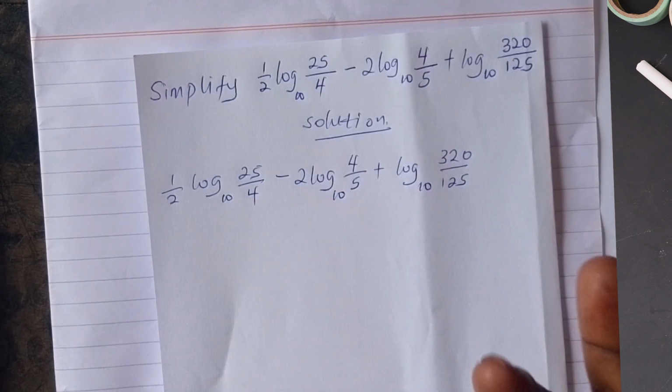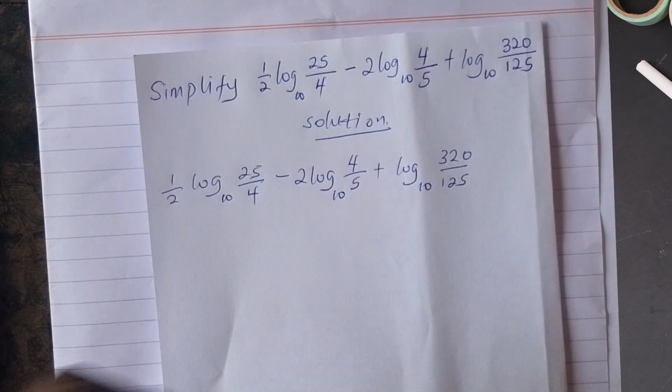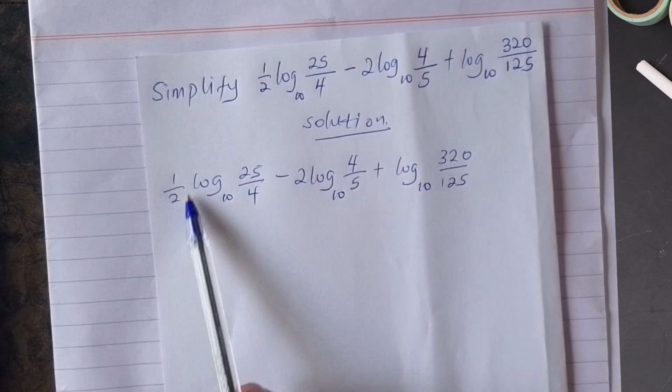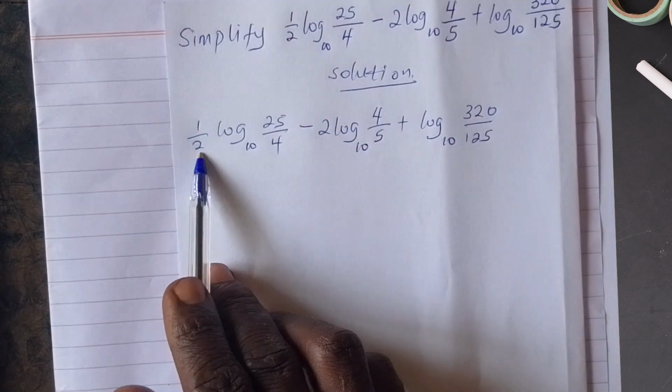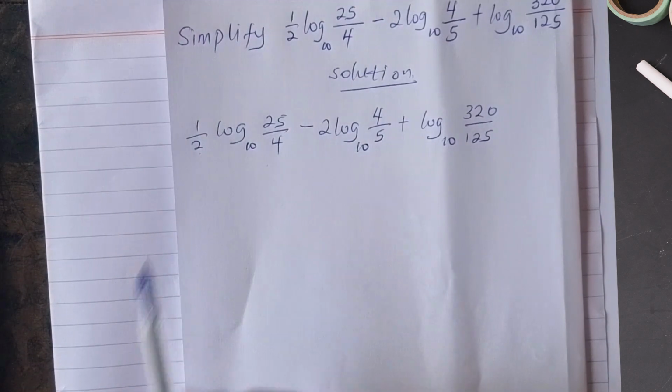Now the laws, you can move from a power to become a multiplier, and you can move from a multiplier to become a power. In this situation, we are moving a multiplier to become a power.